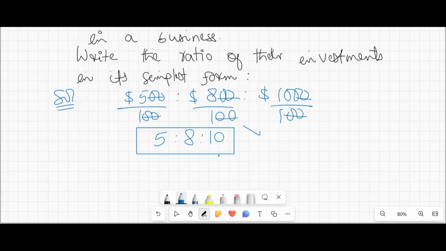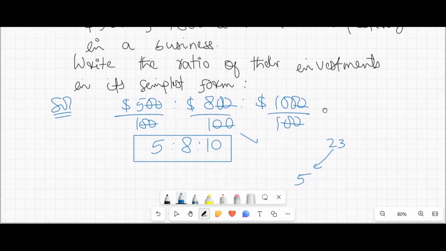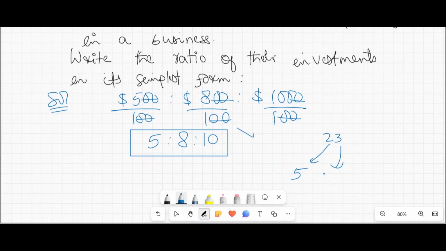When you add these, it becomes, I think, 23. So from 23 parts, the investment of 5 is from the first person, Mali, the second person is 8, and the third person is 10.